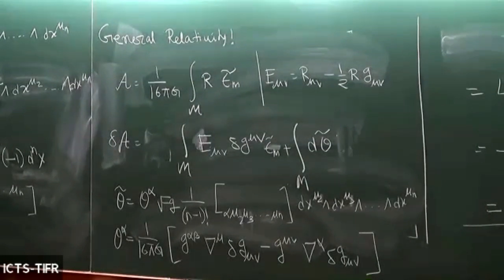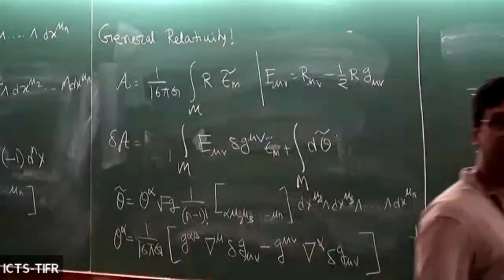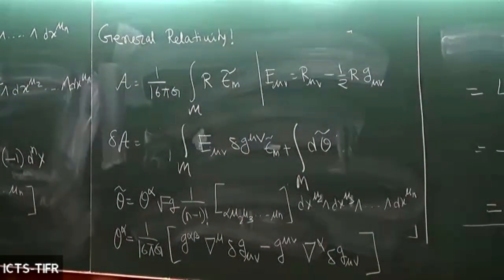Good. Now I will do something more. What did I do in classical mechanics? I defined the theta form and then I defined omega by taking a d on the theta.